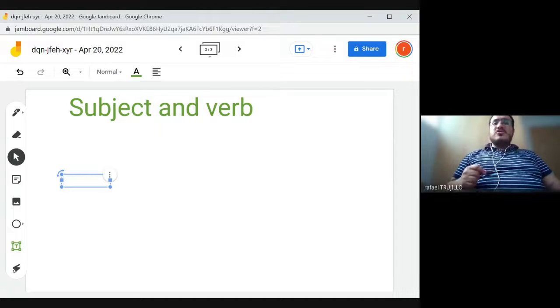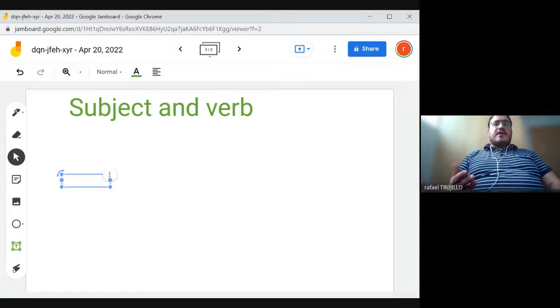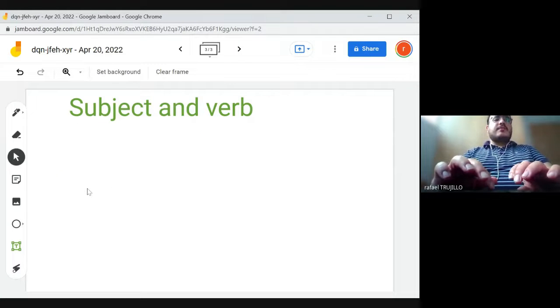Probably when I talk to you about subject plus verb, subject plus something else, this might seem like something unrelated to what you're doing, but it is related. How? Let me show you. To do a paragraph, what is a paragraph?